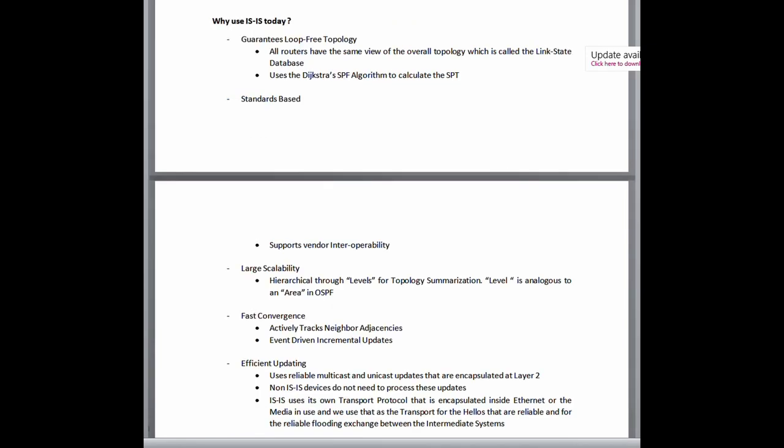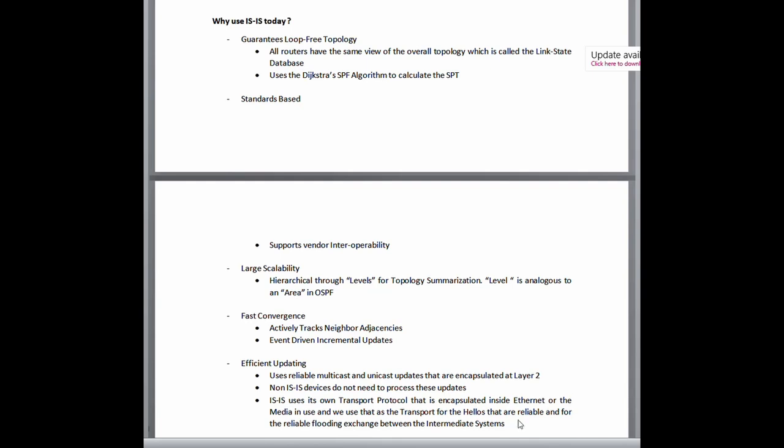ISIS also supports large scalability, and it is hierarchical in structure and uses levels for topology, which is very similar or analogous to an area in an OSPF environment, and we will deep dive into levels in ISIS in upcoming videos.